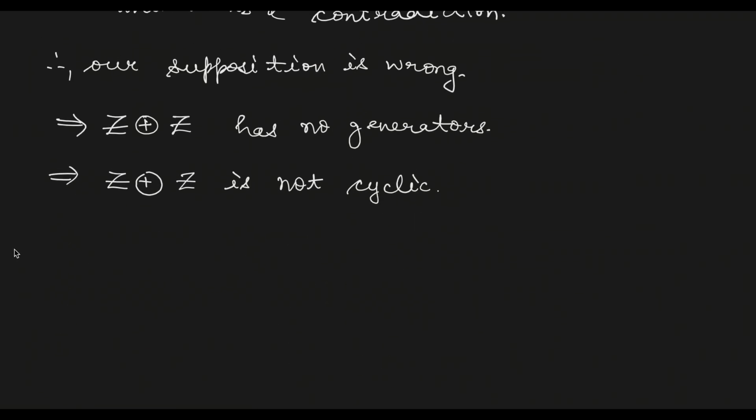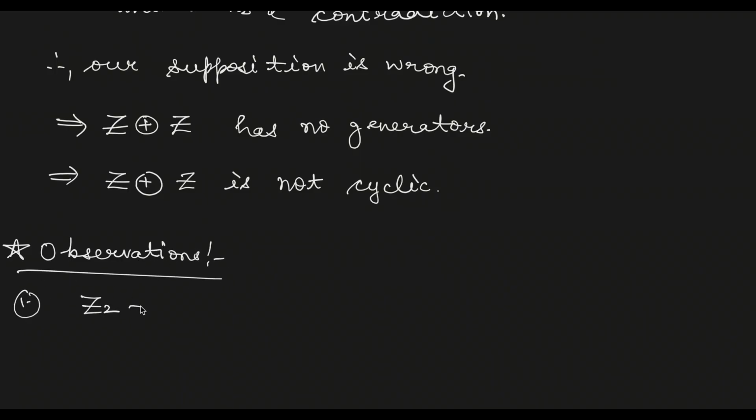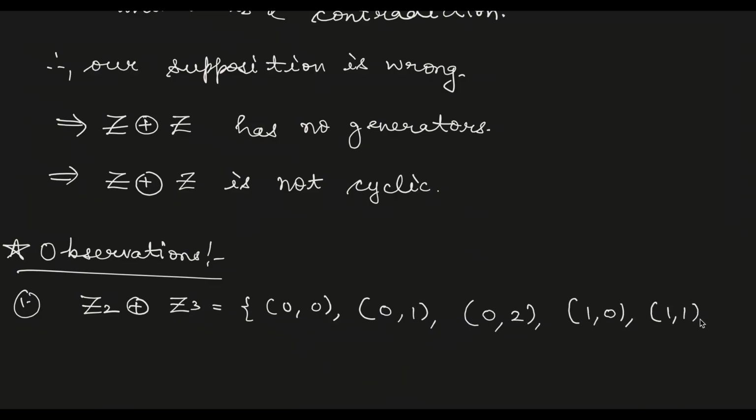Now some observations. First, Z2 direct sum with Z3. The elements are 0,0; 0,1; 0,2; 1,0; 1,1; 1,2.